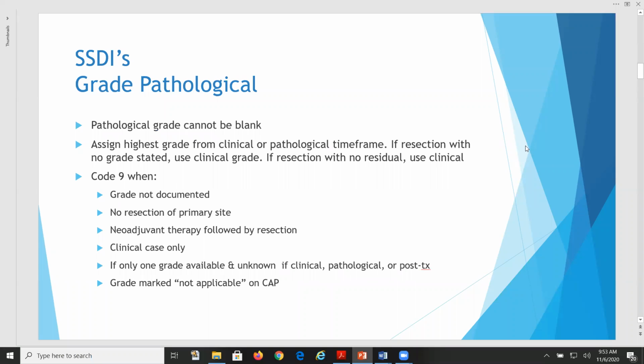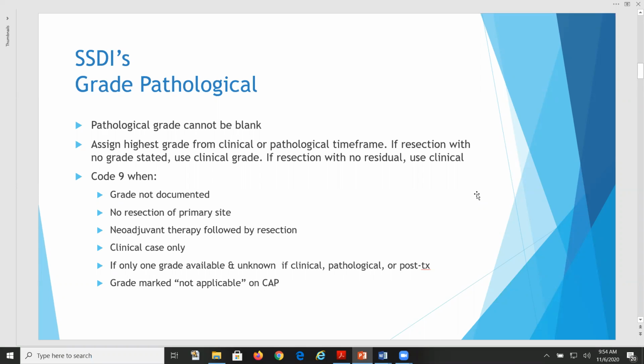Grade pathological cannot be blank. You assign the highest grade from the clinical or pathological time frame. If you have a resection with no grade stated, use the clinical grade, or a resection with no residual, use the clinical grade.